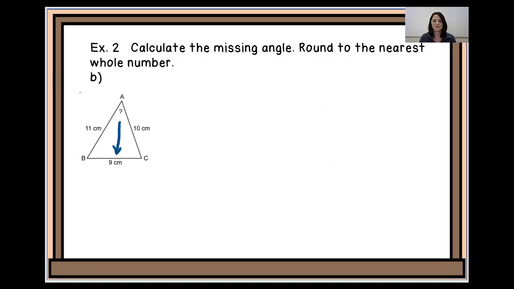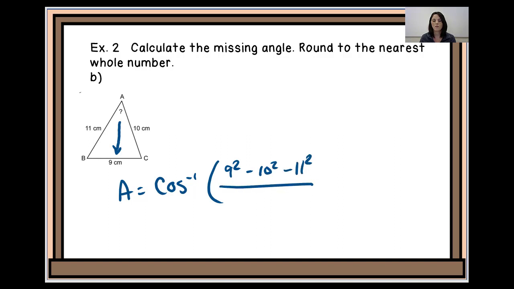Looking at our next example, A is equal to cosine inverse of 9 squared minus 10 squared minus 11 squared, all over negative 2 times 10 times 11.